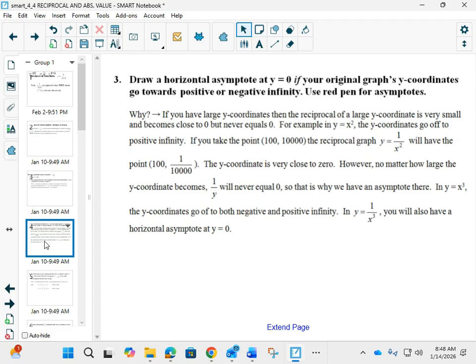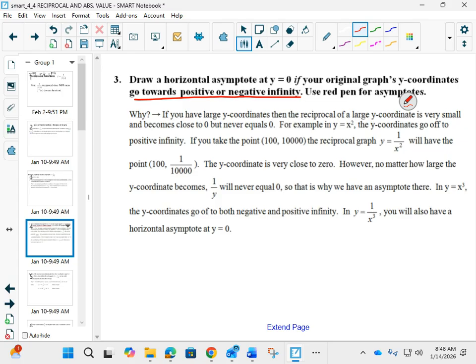But the idea is, if your original graph either goes to positive or negative infinity, so the y coordinates go toward positive and negative infinity, then you will have a horizontal asymptote at y equals 0.